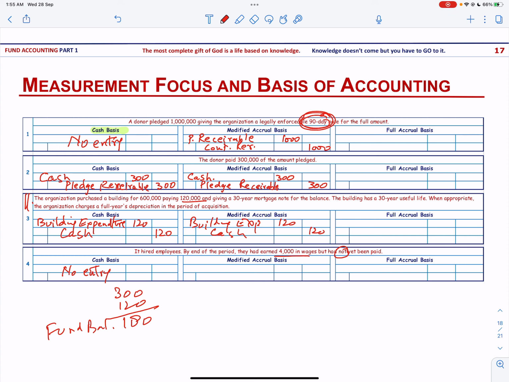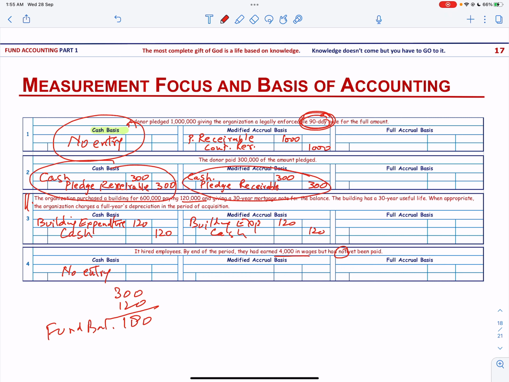So you can see that in transaction number 1 we did not make any entry under the cash basis, and in transaction number 2 you can see that we have a similar journal entry, cash is debit and pledge receivable is credit in both.